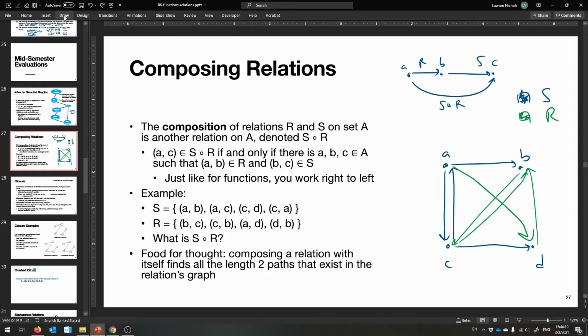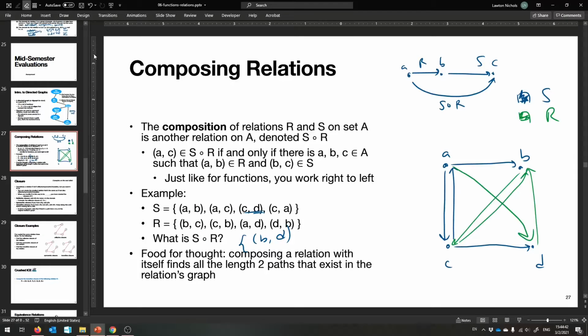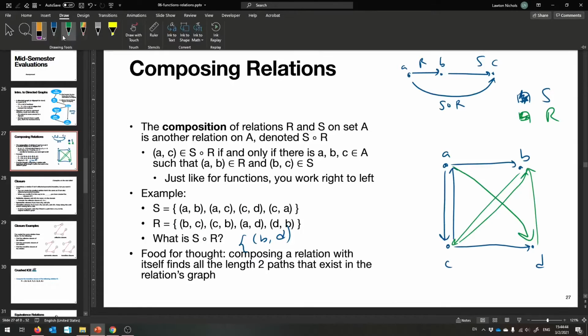We have, let's see here, B and C and D. So that means we have (B, D) in the relation, because we do the (B, C) first, and then we match up on the C's, and then we take the first thing and the last thing. And that is in the composition of the relations of S and R.